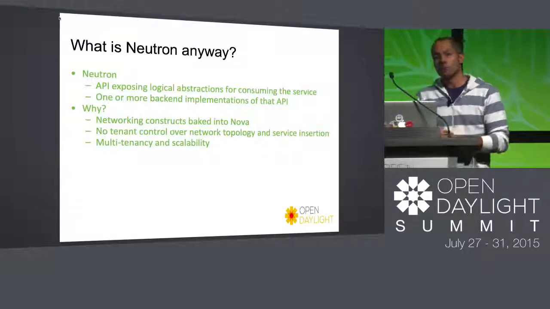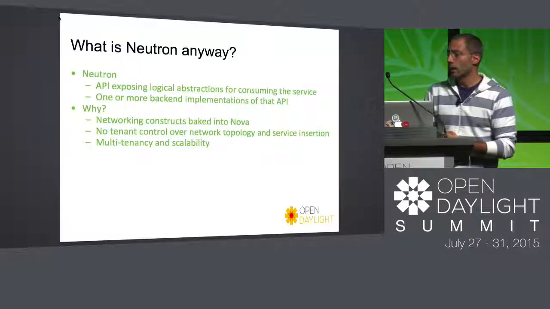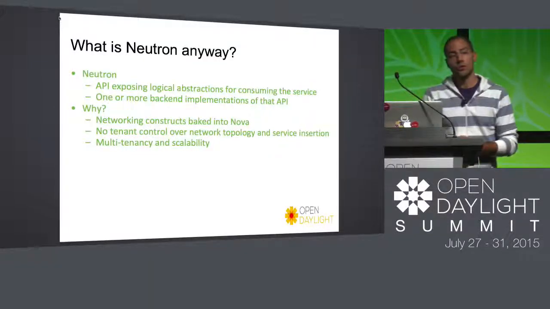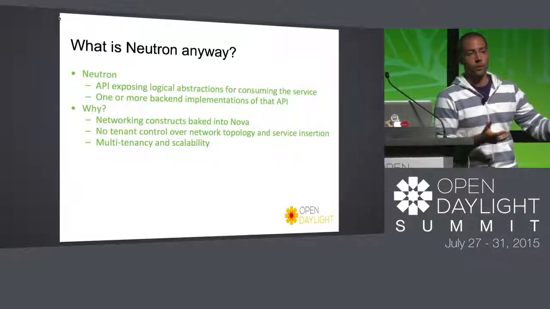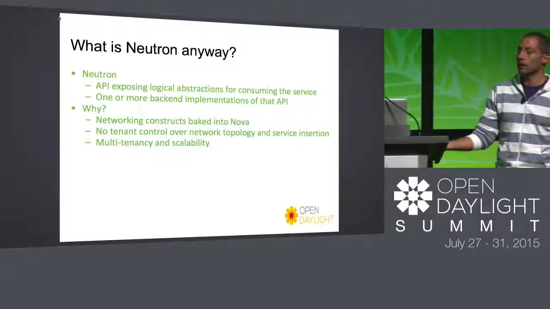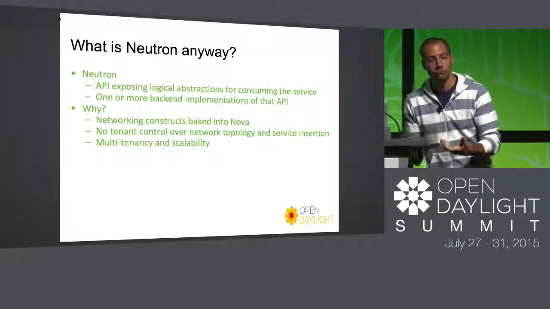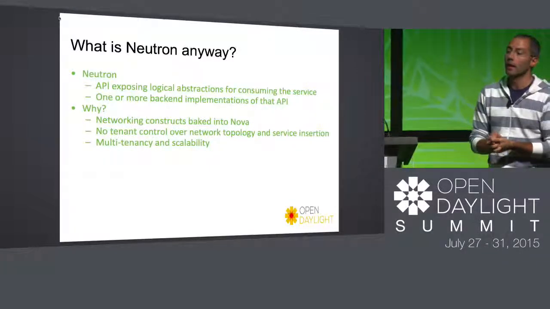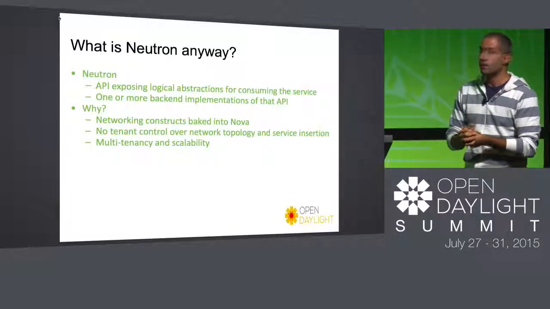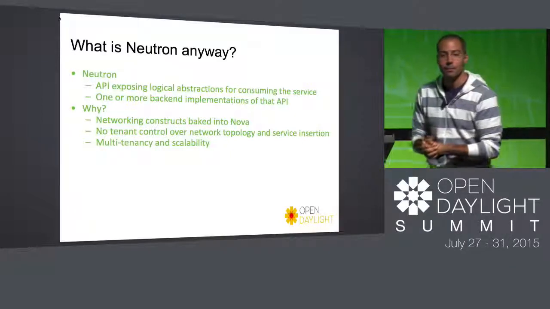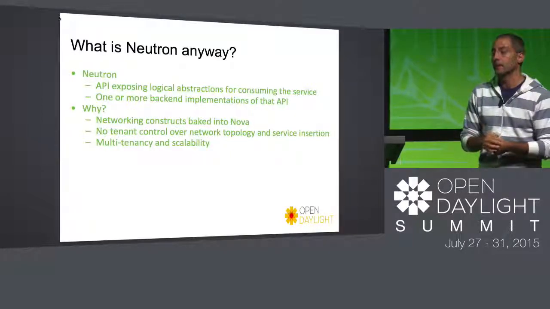And why was Neutron started? The history of the project led to the point where we are now, because initially OpenStack came about with the conjunction of two projects: Swift, which was targeting storage, and Nova, which was targeting compute. And there were some networking concepts built into the Nova model. Obviously, they didn't provide enough flexibility and modularity for open source folks to innovate and experiment.